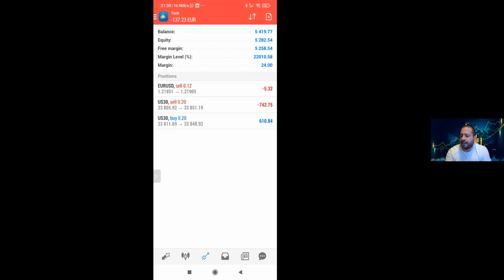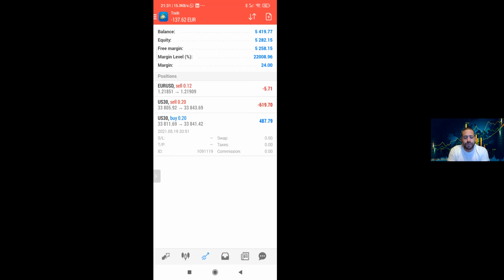Now, that brings to a close the first part of today's training, which was counting pips and calculating lot size. As you can see on screen, I opened two trades just to illustrate something to you: a US 30 sell and a US 30 buy. Let's imagine you have a trade in profit like this one.